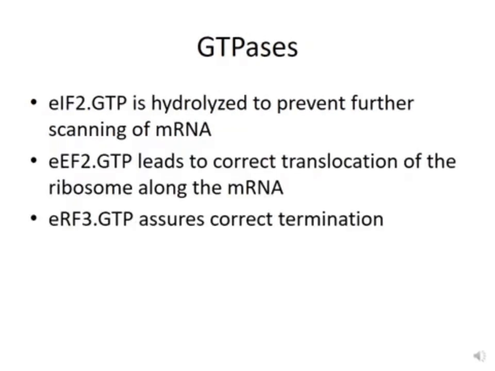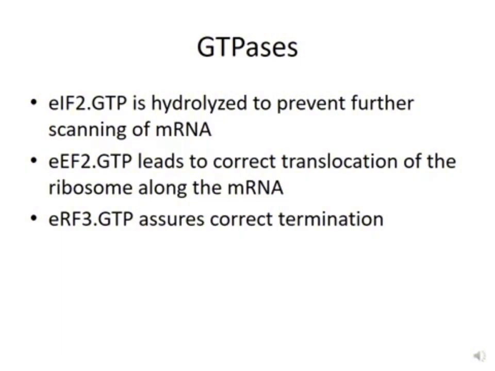I want you to keep in mind how important the function of GTPases is in the process of protein synthesis. So we mentioned initiation factor 2 GTP, which is hydrolyzed to prevent further scanning of the mRNA once an AUG sequence is reached. We have EF2 bound GTP, which is important to the correct translocation of the ribosome along the mRNA.